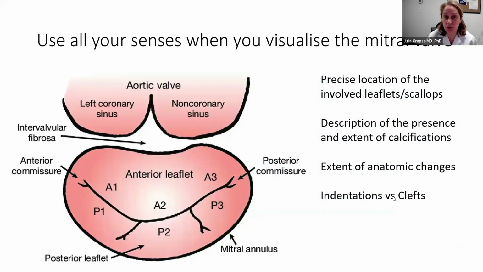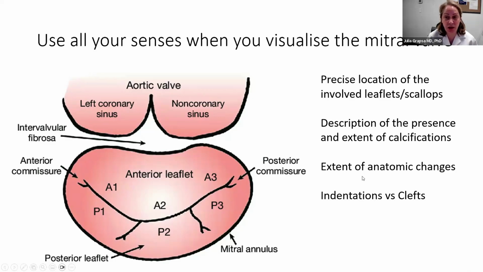It's important to understand the remodeling of the mitral annulus depending on the pathology of mitral regurgitation. So I say use all your senses when you visualize the mitral valve, because it's important to understand that we have the scallops, the mitral annulus, and it's important to give the precise location of the involved leaflets. Very commonly, we see A2P2 involvement, and this is where, for example, the clip is quite easier than if we have A3P3 or A1P1.